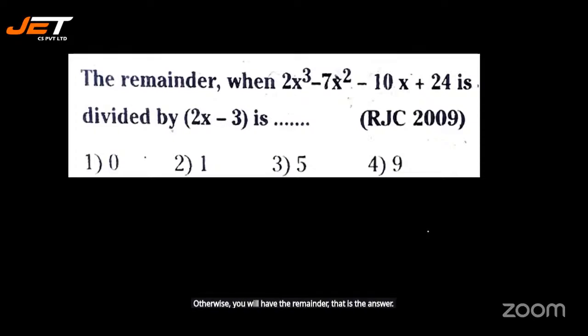This question was asked in the year 2009 in RJC exam. Yes, quickly give me the answer, students. Let's see the answer. It is 0.